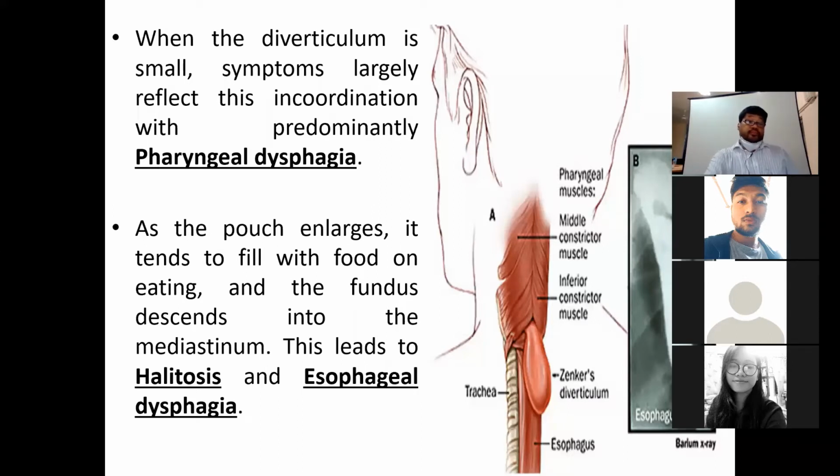This leads to halitosis, that is foul breath, and esophageal dysphagia. So gradually from pharyngeal dysphagia, it will turn to esophageal dysphagia as the pouch enlarges. The patient will feel something obstructing in the thorax later on as the pouch enlarges in the midline. So that is the symptoms.